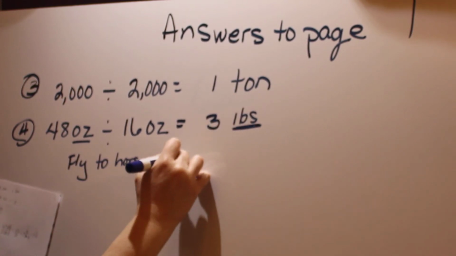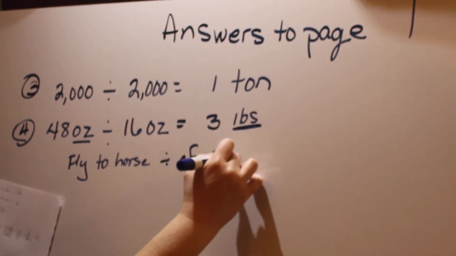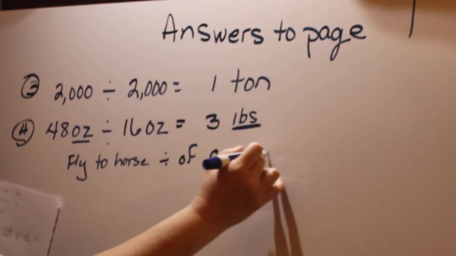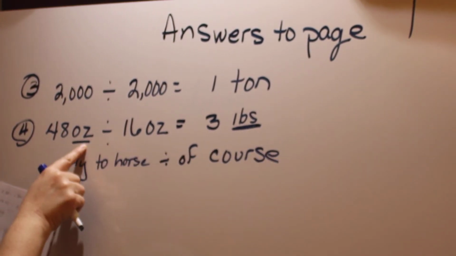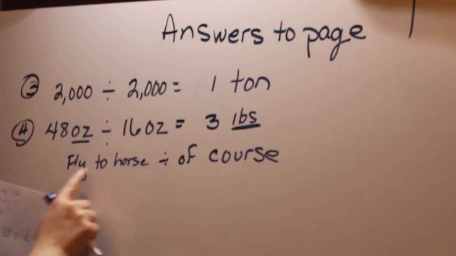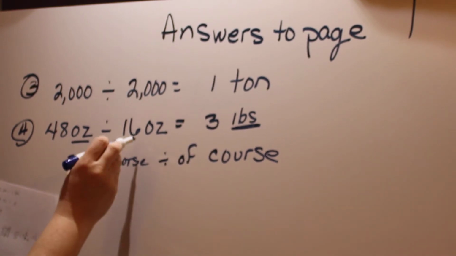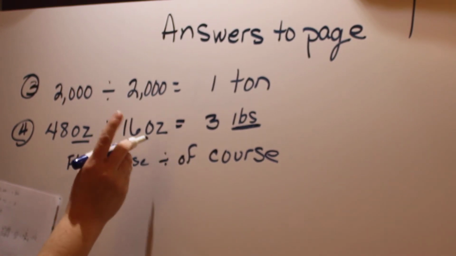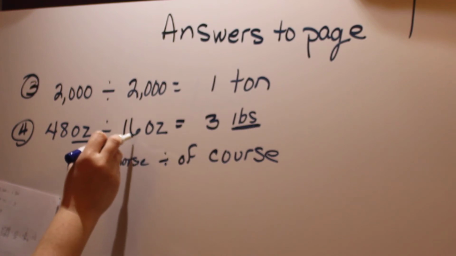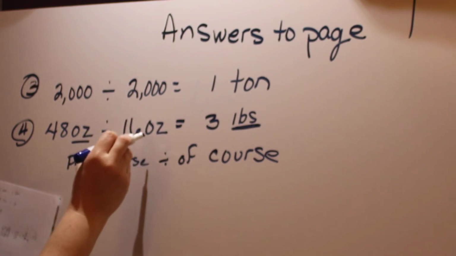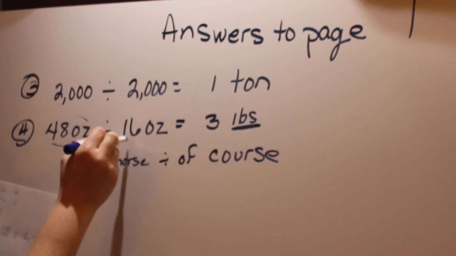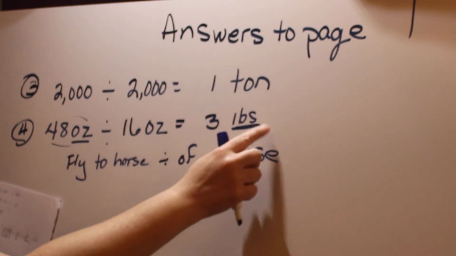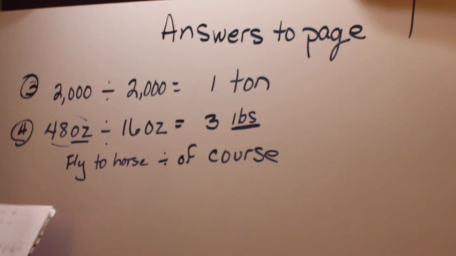You're going to divide, of course. So ounces to pounds, fly to horse. We know there's 16 ounces in 1 pound. So if I'm trying to break this up, I'm dividing by 16. That gives me 3 pounds.